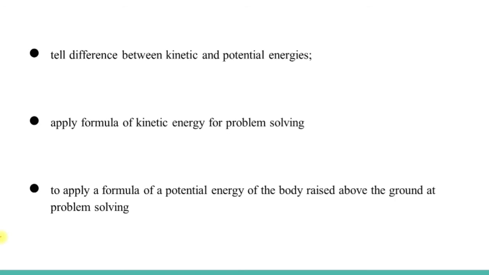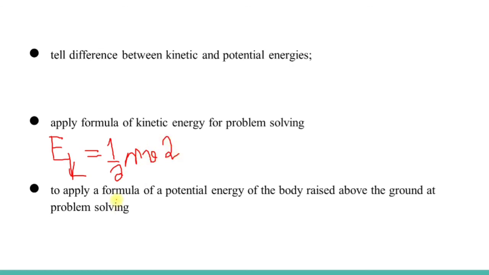So next one is apply the formula of kinetic energy for the problem. Yes, you learned about the formula of kinetic energy and then we solved the problem. Yes, the kinetic formula is EK is equal to 1/2 mass times velocity squared.